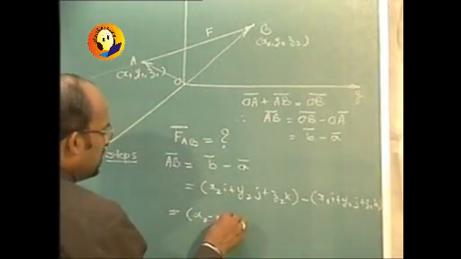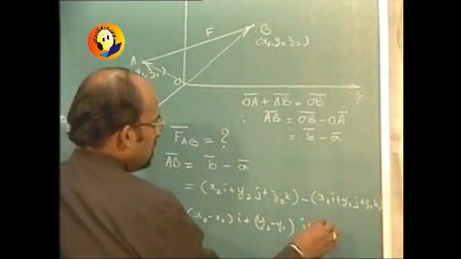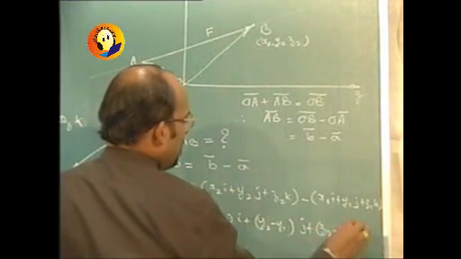It will be (x2 minus x1) i plus (y2 minus y1) j plus (z2 minus z1) k.